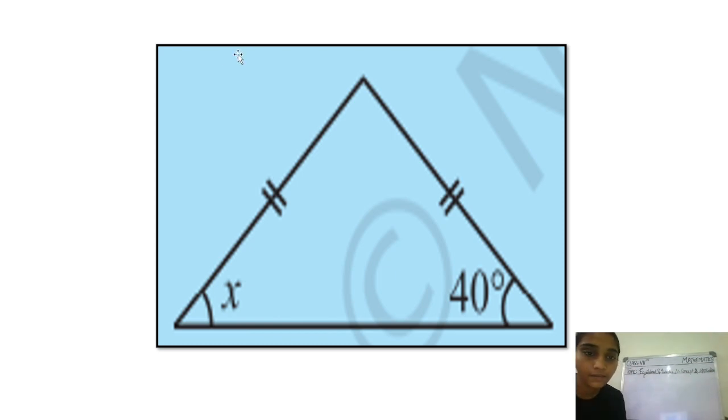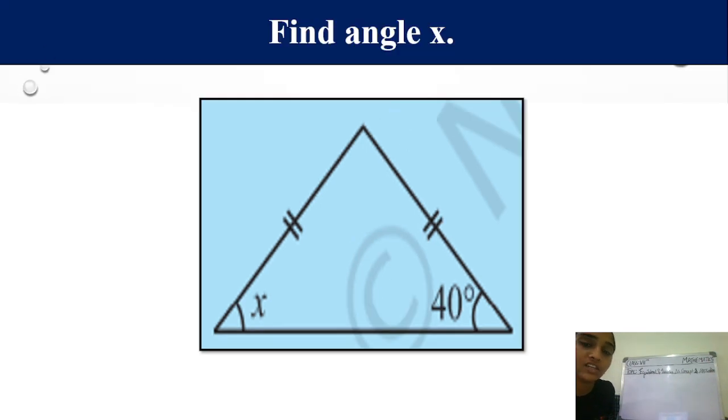So students, as we have seen, these two sides are given equal to us, which is the case of, yes, an isosceles triangle. So let us write that down. First of all, let us discuss. We have to find the angle x, which is the application based question which we are going to do. So to find angle x, first of all, we will name this triangle.